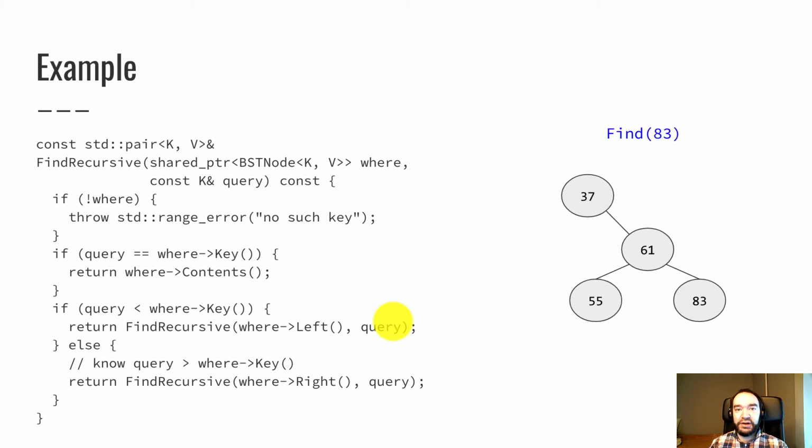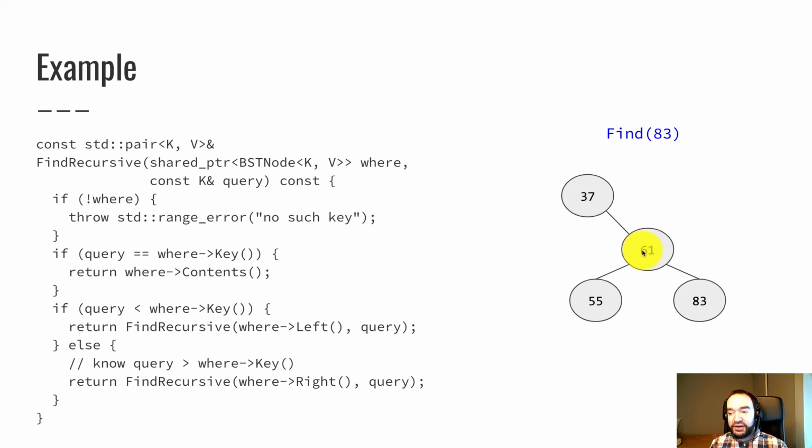Let's say we look for 83. First we would have a find recursive on the root, which holds 37, and that would be the greater than case down here. So then we would pause the execution of the find recursive on 37. That's paused on this return statement, waiting for the recursive call to finish. Then we would do a recursive search at 61. And we would ask, how does 61 compare?